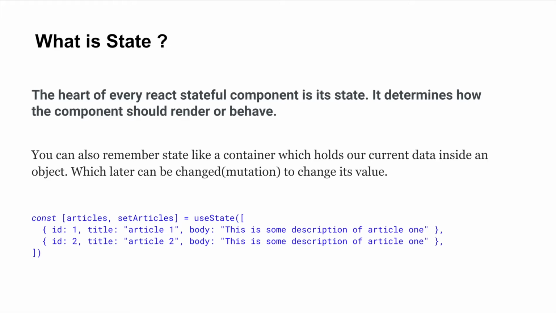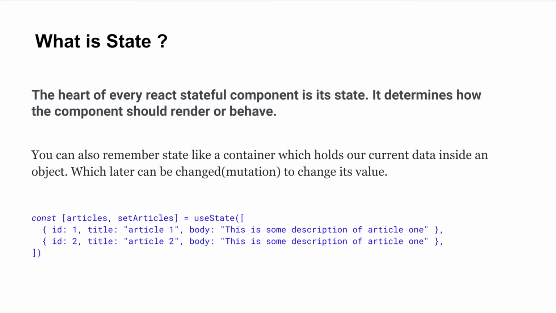The blue color that we have here is a sample of a state, and that particular sample contains articles and setArticles, which uses the React useState hook, which maintains the state of articles and setArticles. Articles is the old state and setArticles is the new state.